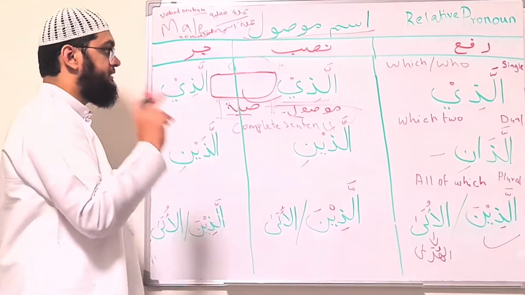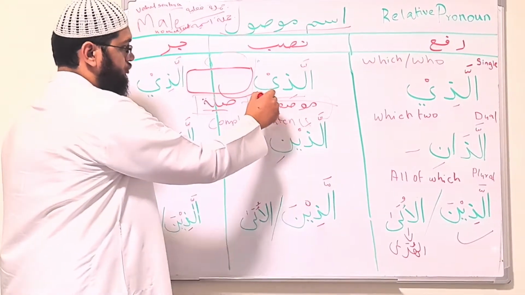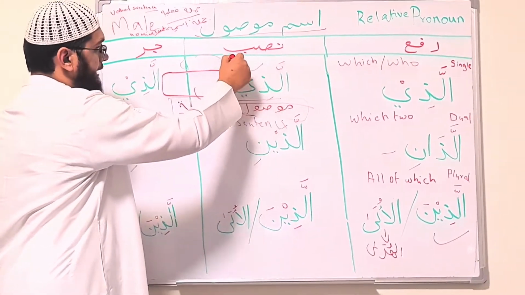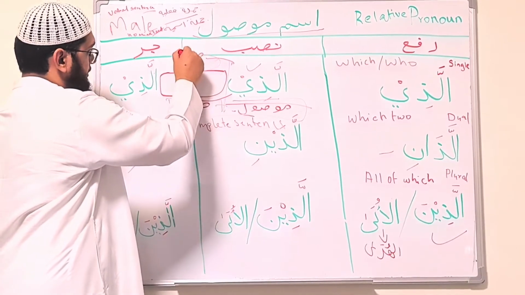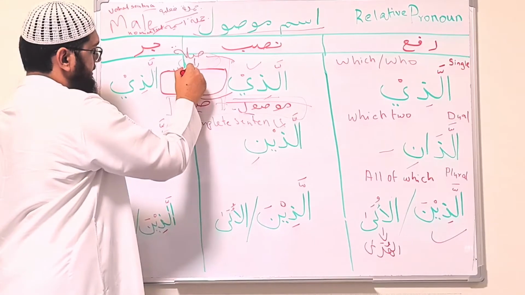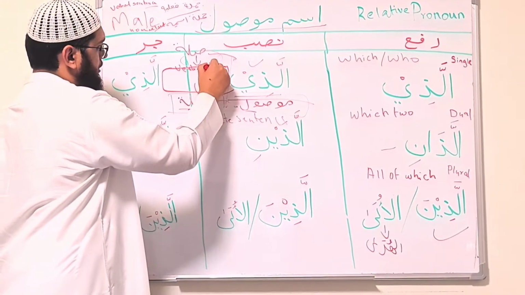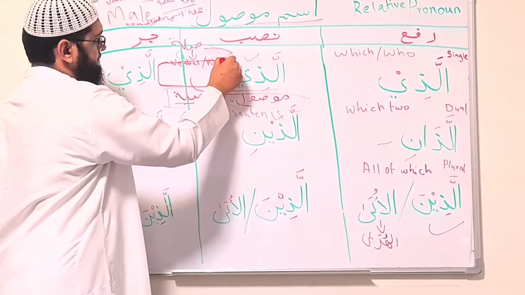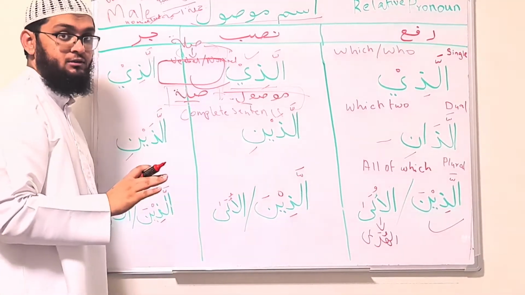All right. So this is to understand the mawsool. After that, there will be a sila, and this sila can be a verbal sentence or a nominal sentence, either of them, but there has to be one.